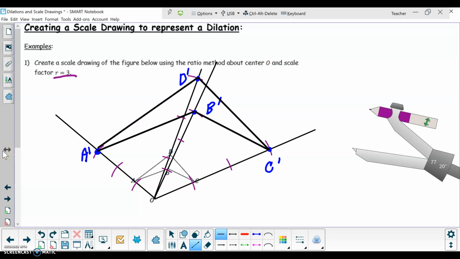Okay, so you notice that the figure is 3 times the size of the original. Okay, and they appear to be the same shape and the corresponding sides are in proportion. Okay, so just a little bit of vocab. The original figure, figure ABCD, is what we call the pre-image.